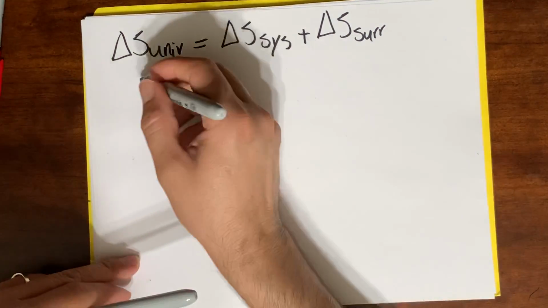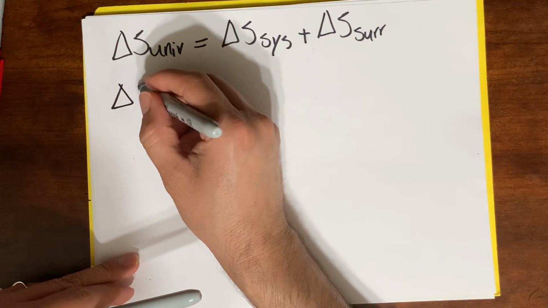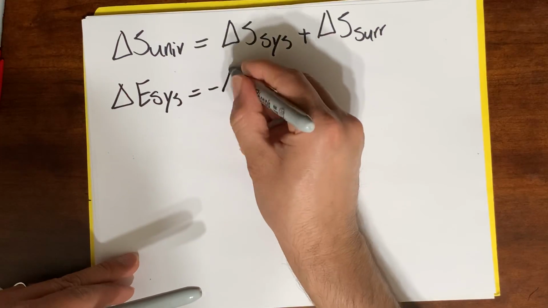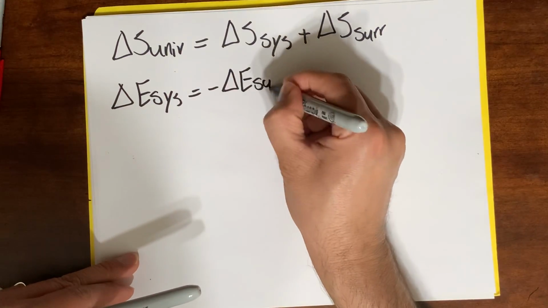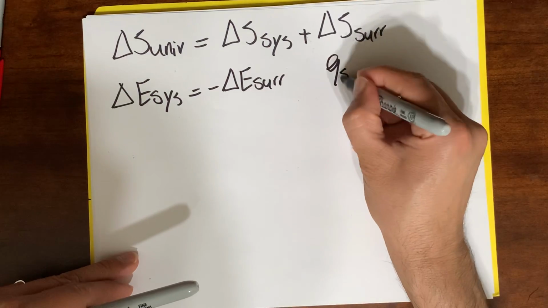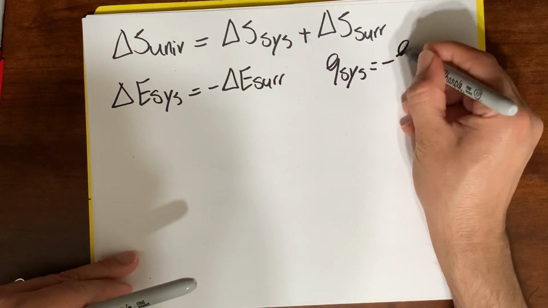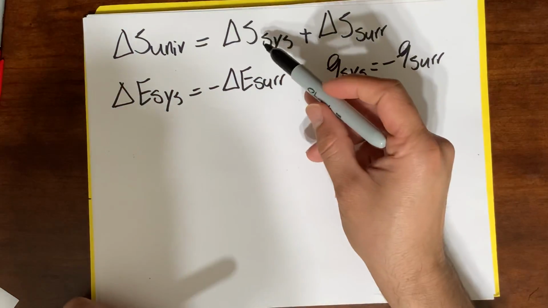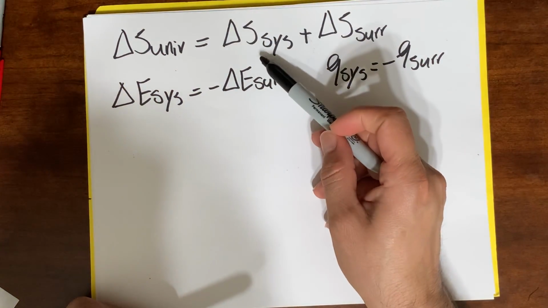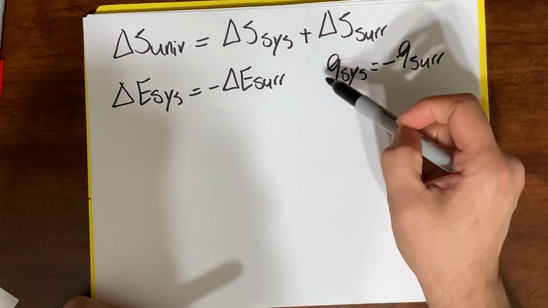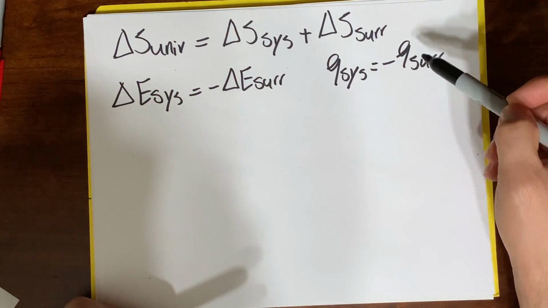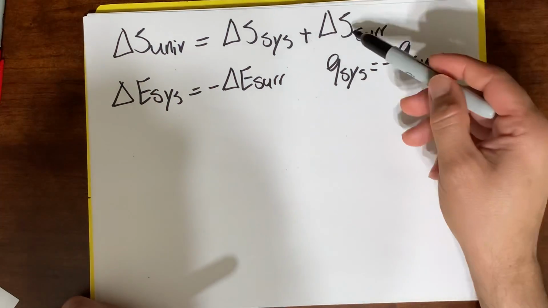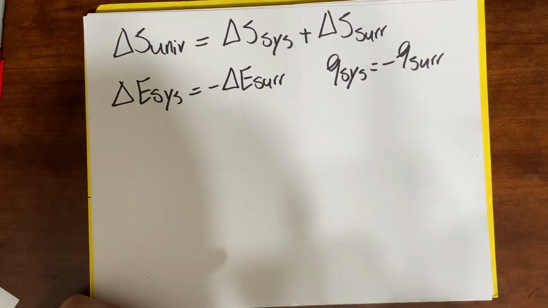I know change in energy of the system is equal to minus change in energy of outside. And I know heat of the system equals minus heat of surrounding. So I'm going to focus on the system, try to get the entropy for the system, and also try to figure out how much heat we gave to outside. Because if we have that, we can calculate the change in entropy of the outside.